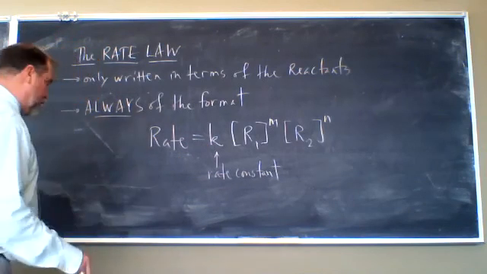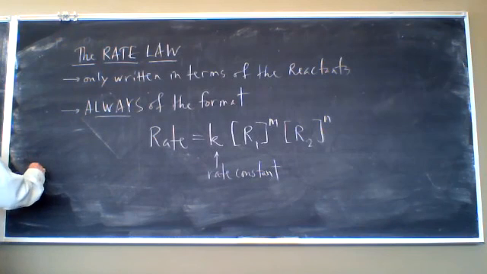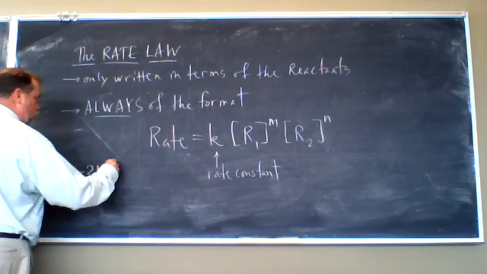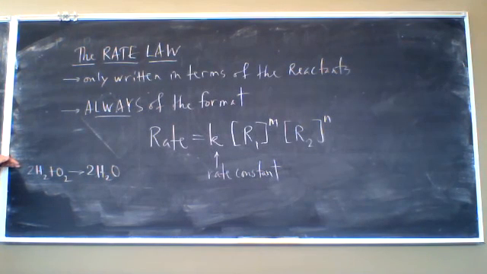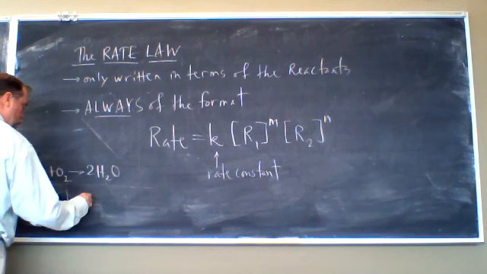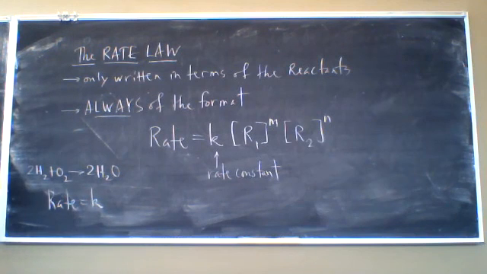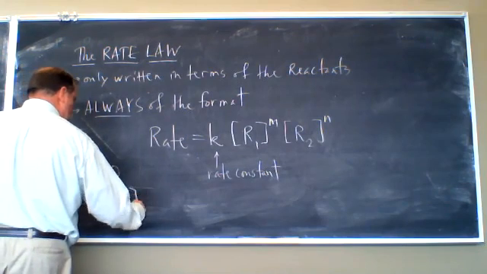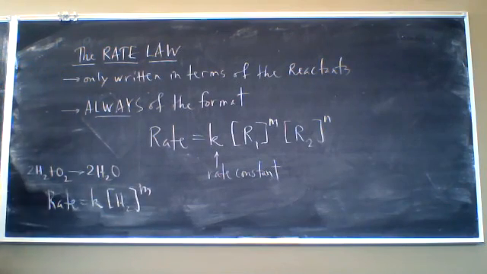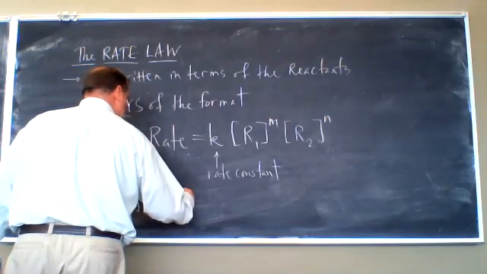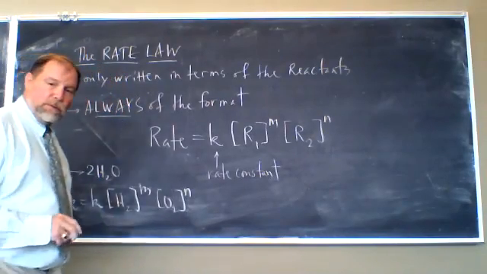Now, very quickly before I let you go, for 2H2 plus O2 turning into 2H2O, we've already written the rate expression. The rate law would be written as rate is equal to k times the concentration of H2 raised to the mth power times the concentration of O2 raised to the nth power.